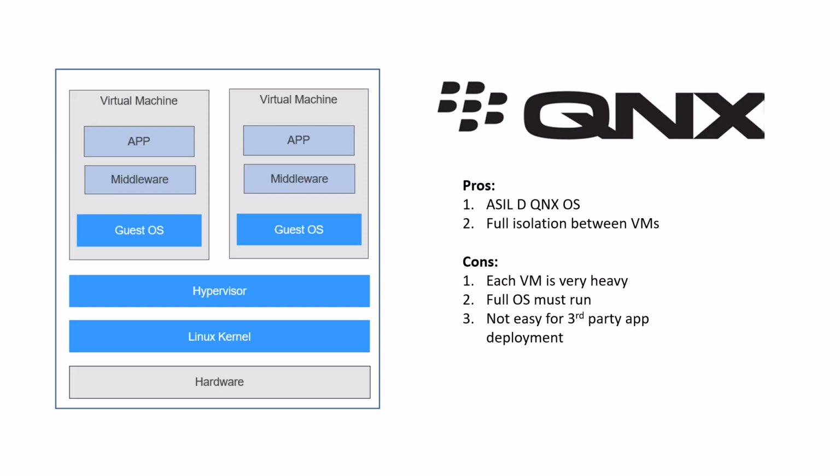You have hardware over here, and you have a kernel, for example a Linux kernel, and you have a hypervisor over here. On top of it, two virtual machines are spawned. Each of these virtual machines will have its own OS altogether.